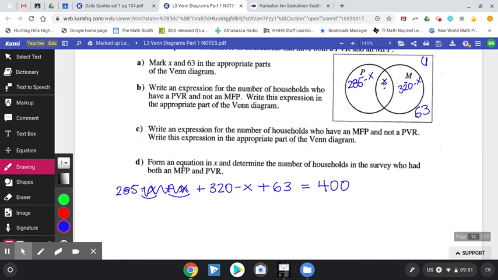So it's like they cancel each other out. And just to simplify here on the left, I'm going to combine like terms. So I'm going to do 285 plus 320 plus 63, combine all of those numbers to get 668. And then we still have our subtract X.